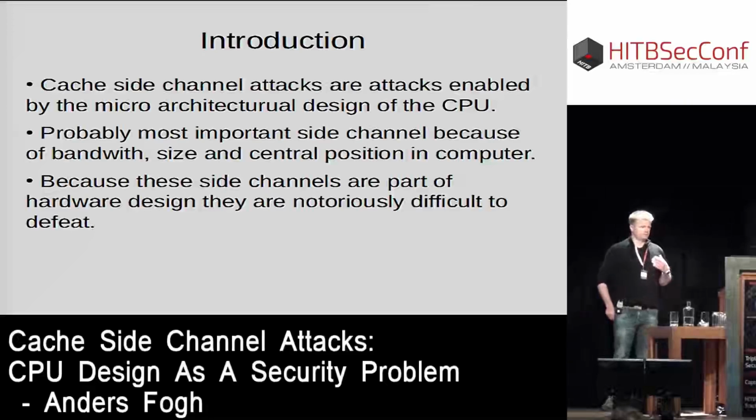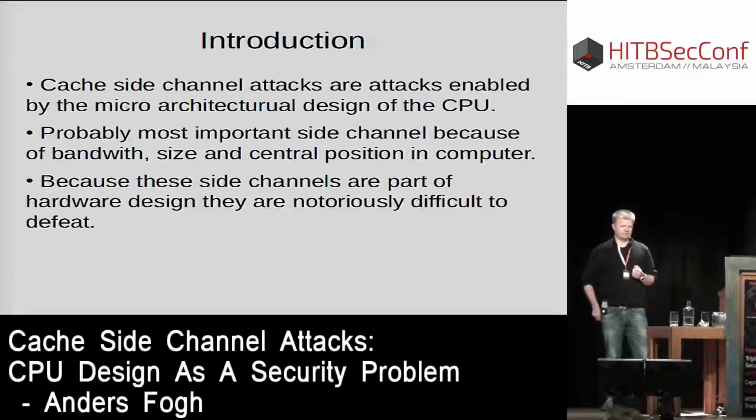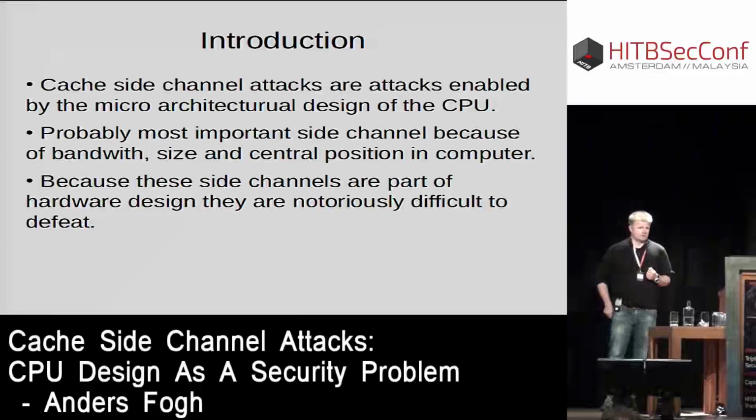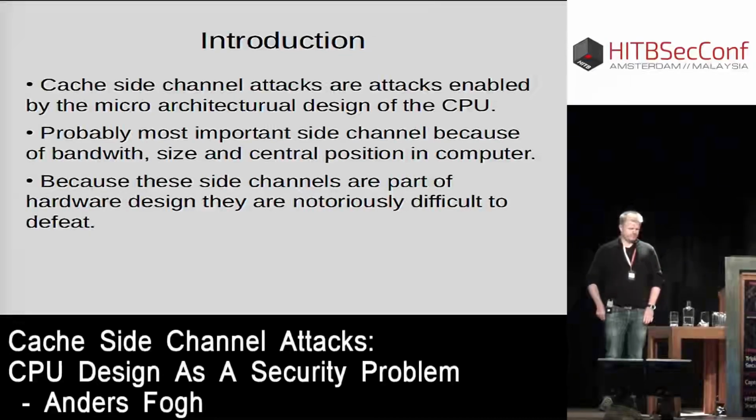Because side channels are part of hardware design, they're notoriously difficult to defeat. I don't see any chances that Intel will be sending me a new CPU anytime soon, at least not without paying for it. It is possible that this could be fixed in microcode. I actually don't think it can, but it's possible.